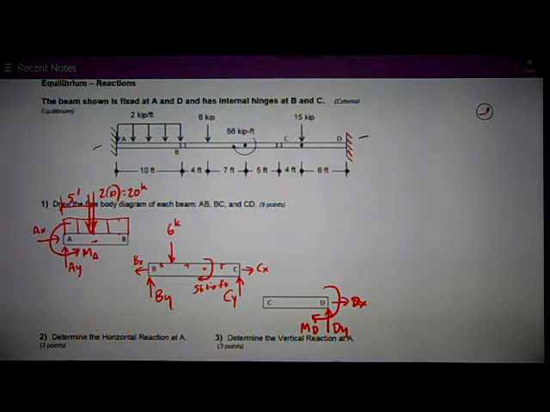Okay, now I need to consider the reactions at pins B and C where those members come together. By Newton's third law, I've got equal and opposite forces. So on AB, I assume BY up on BC, so I'm going to assume it down on AB.